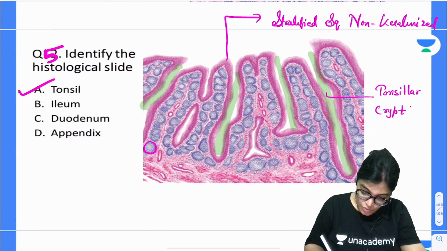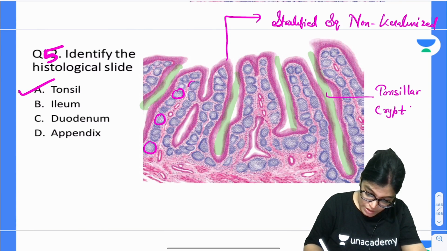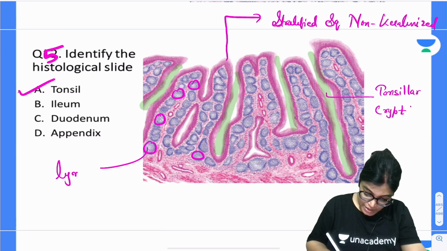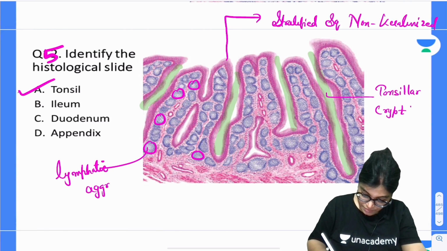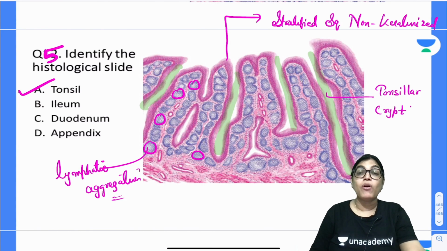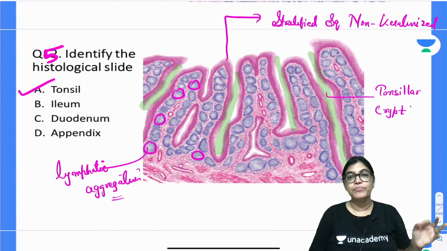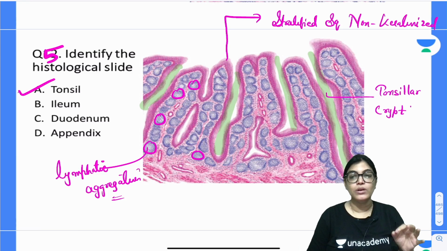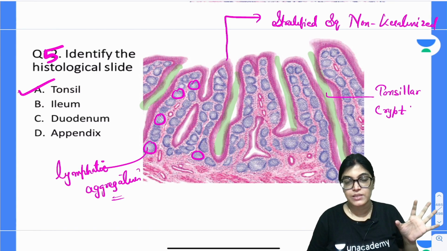These are lymphatic aggregations, lymphatic nodules. So, a slide showing all the features of lining epithelium, tonsillar crypt and lymphatic aggregation is the slide of tonsil, that is quite clear here.